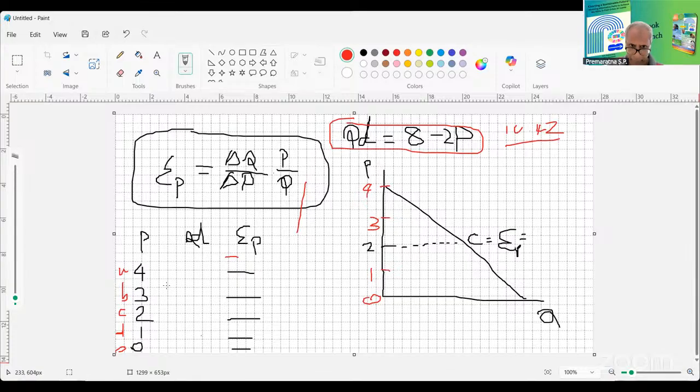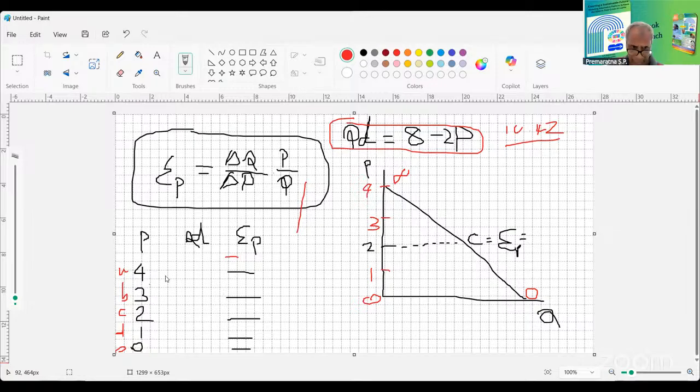So if the price is 0, elasticity is 0. Where the price becomes 4, the quantity becomes 0, and the elasticity becomes infinity, all negative, though I didn't try.